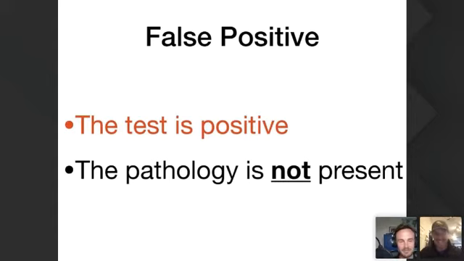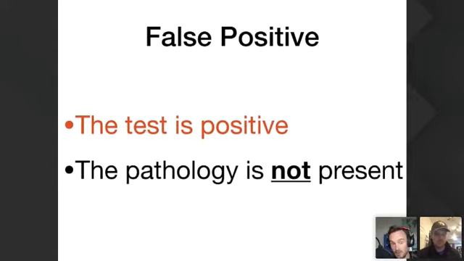Exactly. False positives are quite simple. It's when the test is positive. So let's say you do a test for the medial ligament of the knee, the MCL ligament test, and you get a positive test. So the person says, ouch, that's painful. Then a false positive would be you get that result, but they don't actually have an injury to that ligament that you think you've just tested. You may do a Neer's test of the shoulder, so elevating the arm right up above the head, pushing into end of range.